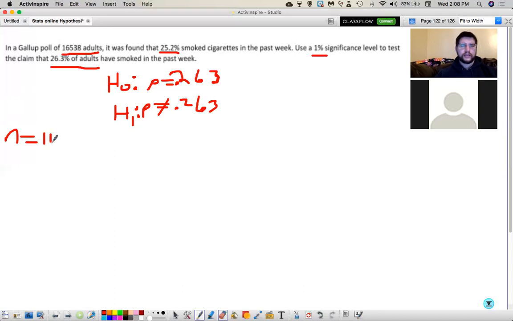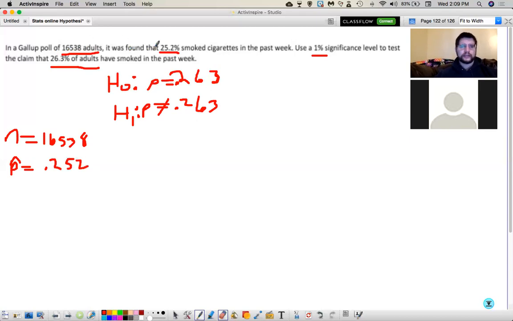N is 16,538. P hat, well, P is that, so P hat is this percentage down here. No, that's the ones that were surveyed. That's P hat, 0.252.